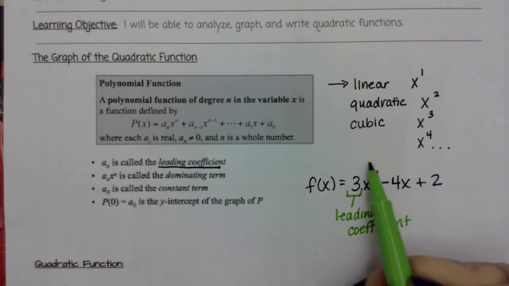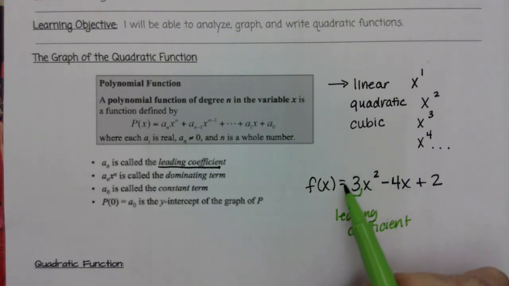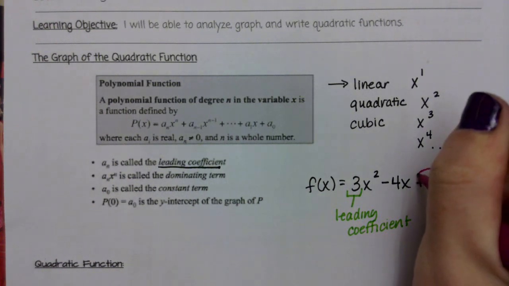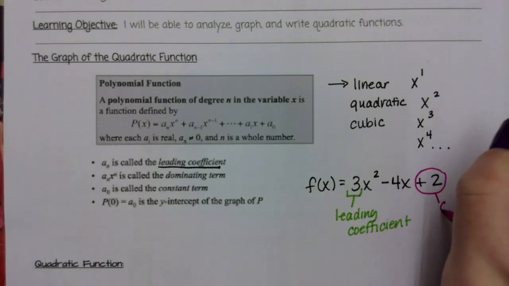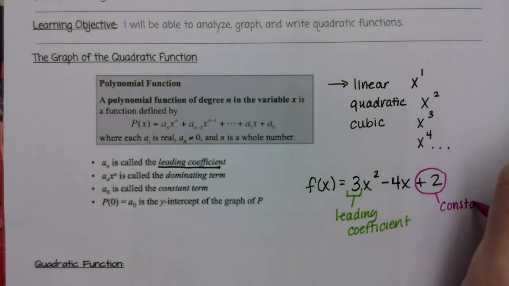This whole thing is what we call our dominating term. It's our first term. The last term without any variable is called our constant. The constant has no variable at all. It stays 2 the whole time.